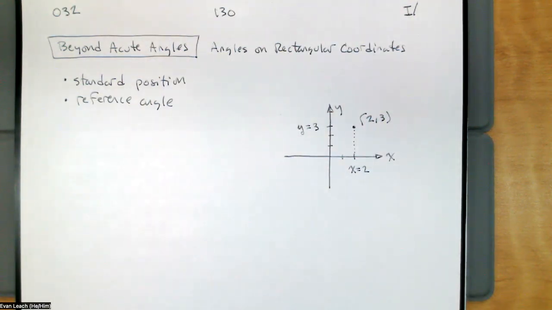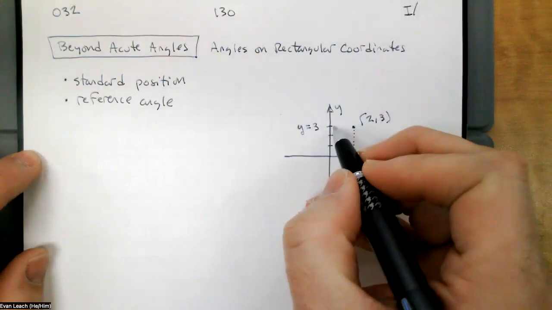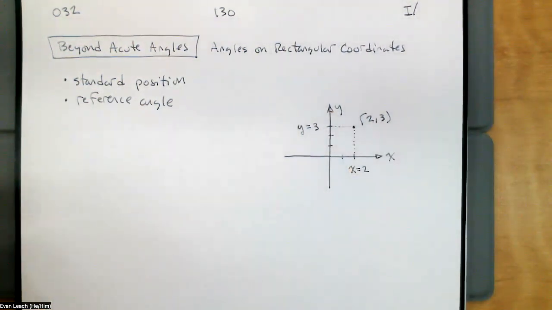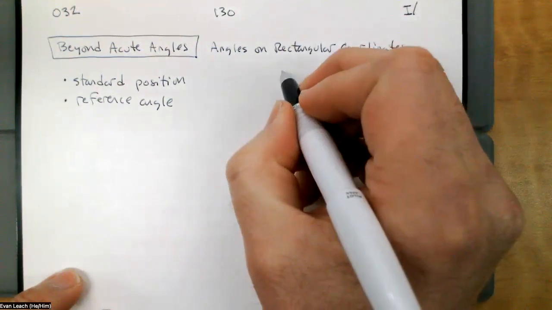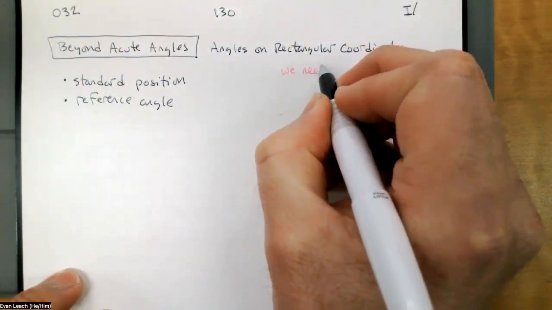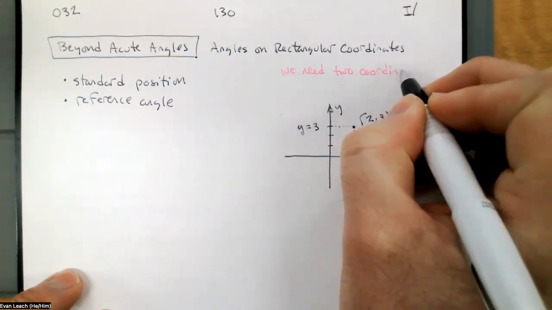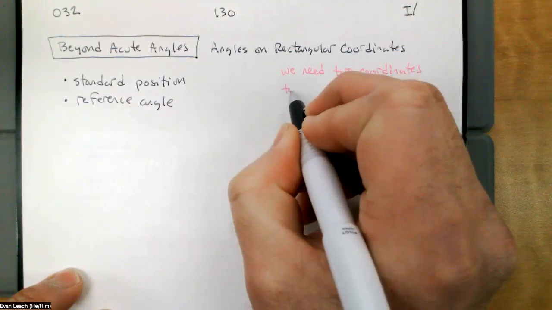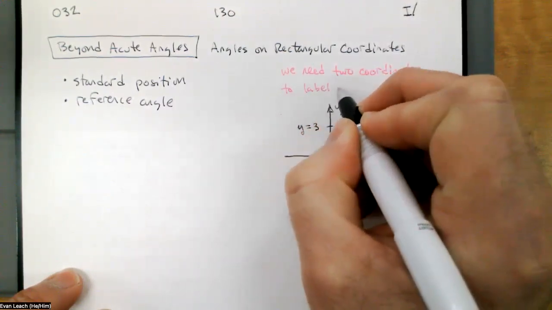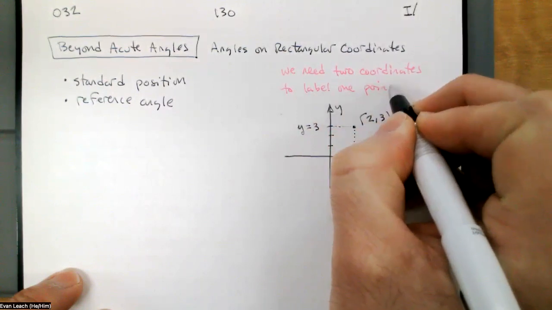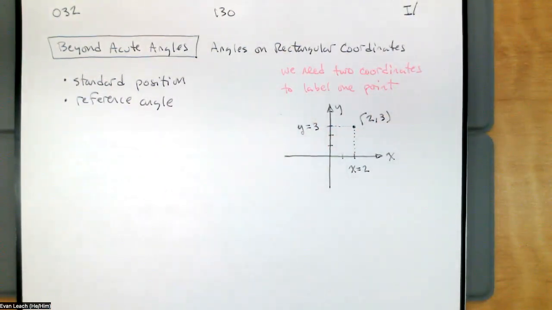We need two coordinates to label one point on this plane, just like with an address.